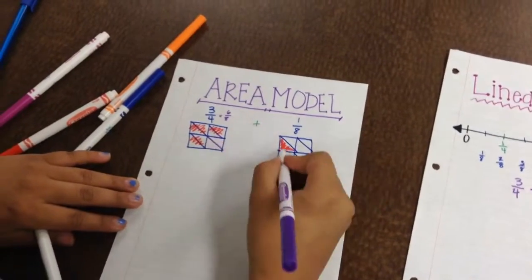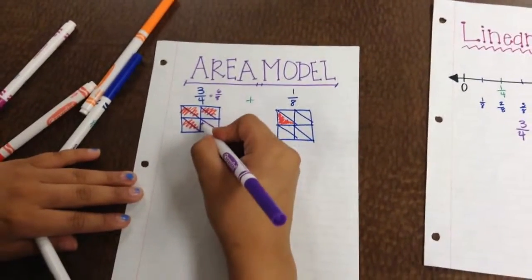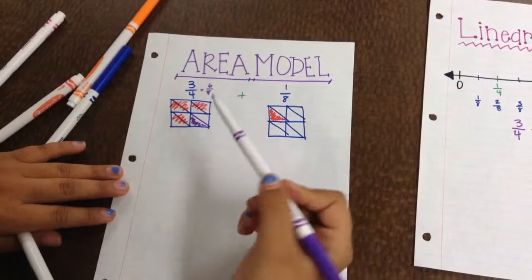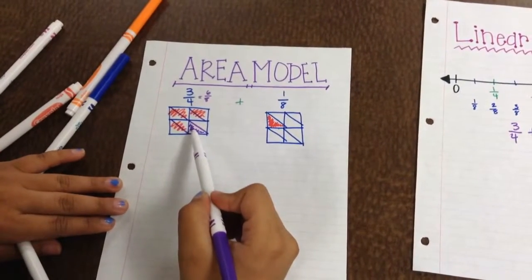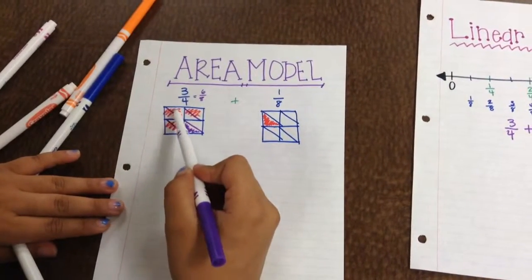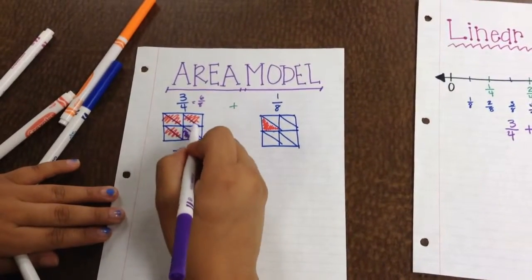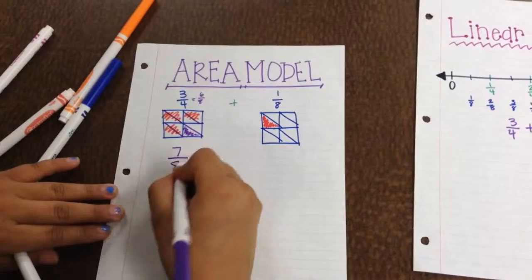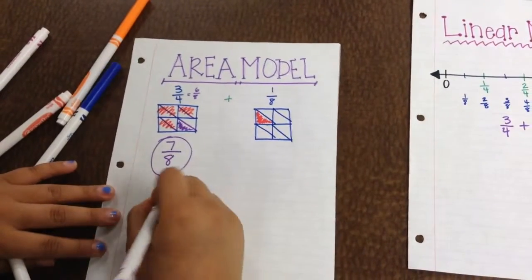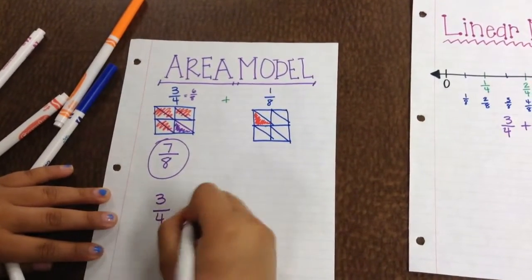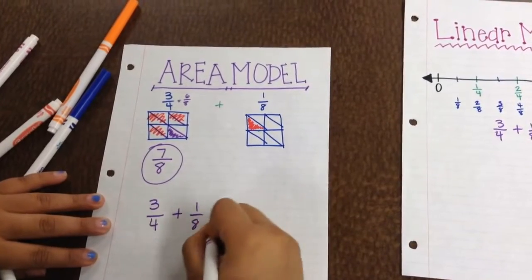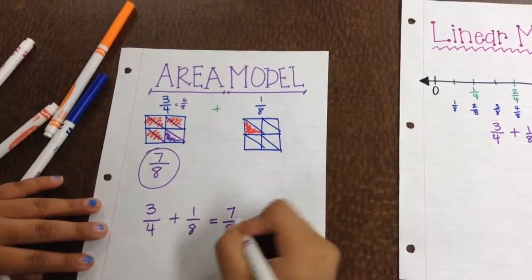We have one section, so 1/8. And now let's count all our parts that are shaded in: 1, 2, 3, 4, 5, 6, 7. So 7 out of 1, 2, 3, 4, 5, 6, 7, 8. So our answer is 7/8. 3/4 plus 1/8 equals 7/8.